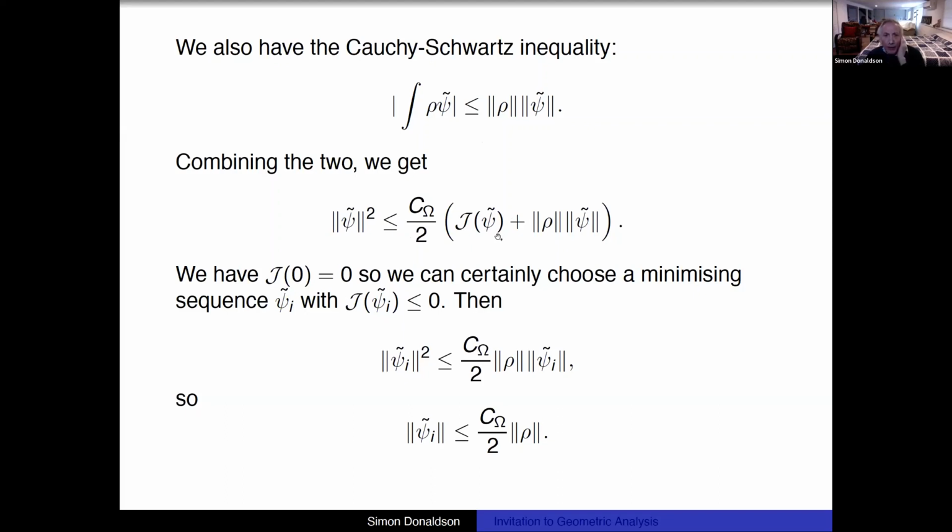So for our minimizing sequence, J of psi tilde I will certainly be bounded. In fact, since J of 0 is 0, if we take a minimizing sequence, then J of psi tilde I can be supposed to be less than 0. So if we take this inequality, we can divide by the norm of phi tilde I, and we get a bound on the L2 norm of the elements in our minimizing sequence.